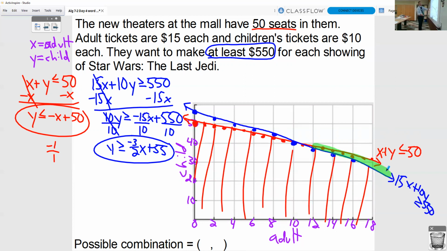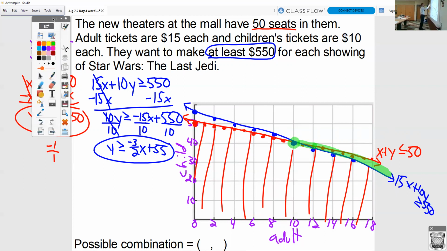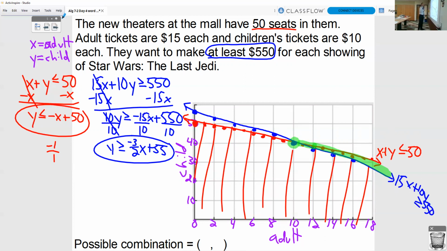It actually includes this dot right there because they're both solid lines. So they definitely include the intersection point of 10, 40. 10, 40 would be a great point to pick. It looks like 18 and 30 might be a good choice as well, right in here, 18 and 30. And that's how you do it.